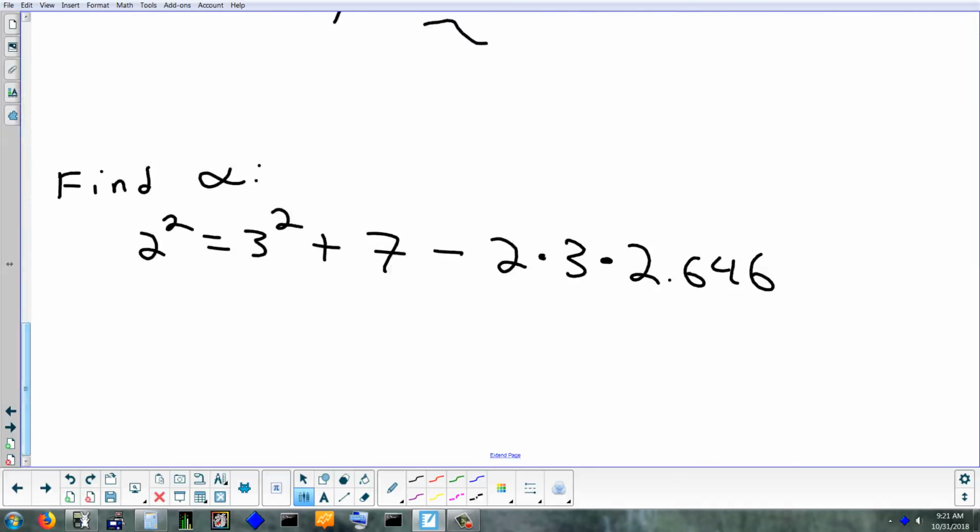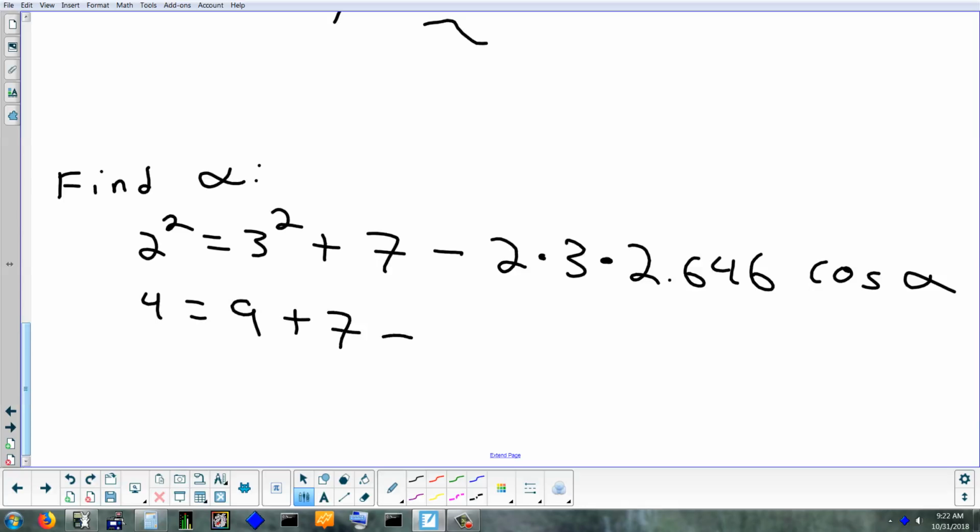So 2 times 3 times 2.646 times the cosine of what angle? Alpha. Okay, so let's simplify what we can. 2 squared is 4. 3 squared is 9. Yes, I can add 9 plus 7, and I could have done it in that step.